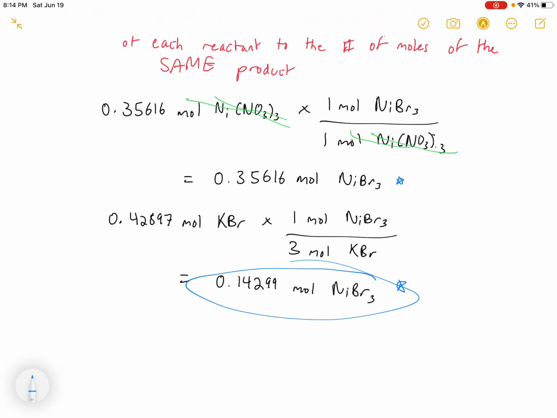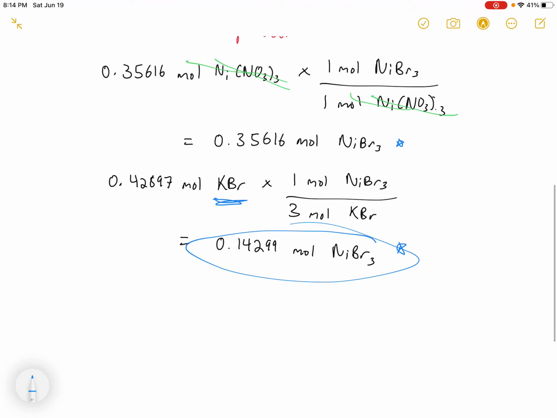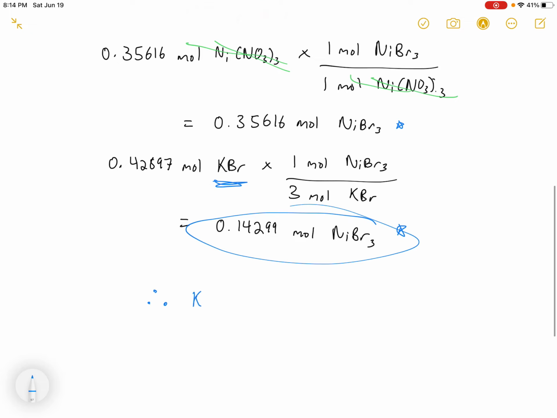And what reactant did that go with? Potassium bromide. Because potassium bromide produced fewer moles of the product, that means that KBr is the limiting reactant, and the nickel nitrate is in excess.